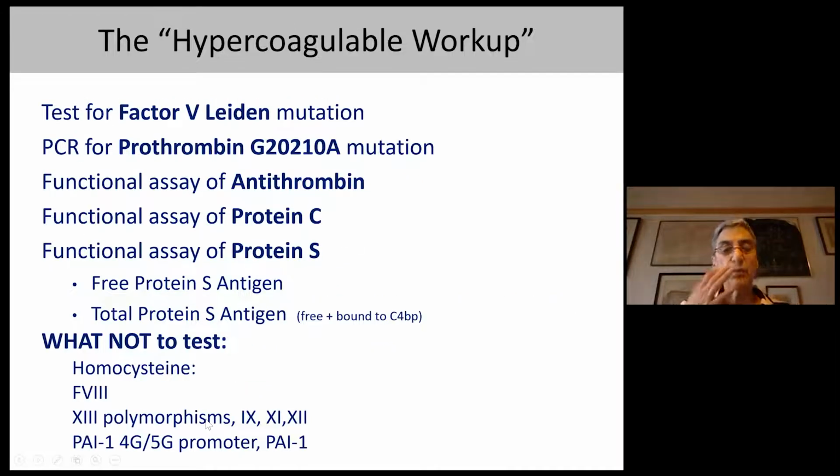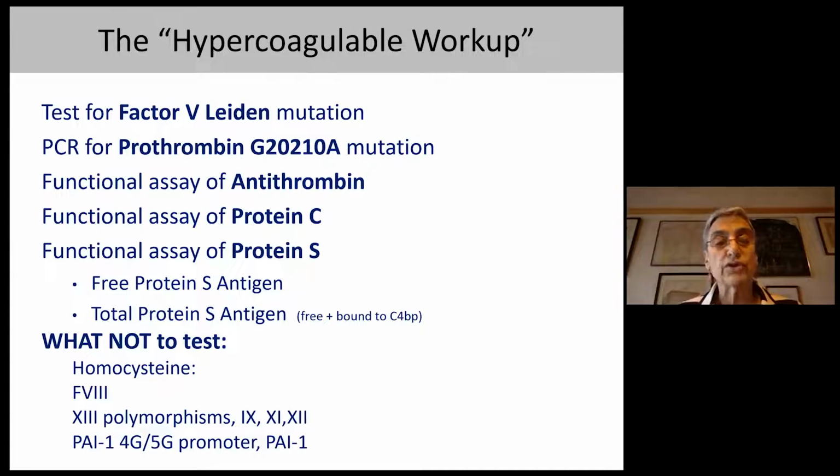So the hypercoagulable workup typically includes tests for factor V Leiden and prothrombin 20210, which are much more common than the other mutations, but also are very low risk factors for VTE. Patients with factor V Leiden don't usually clot just because they have factor V Leiden, but may also clot because in the setting of factor V Leiden, they get pregnant or are put on birth control pills, which raises the risk of thrombosis.